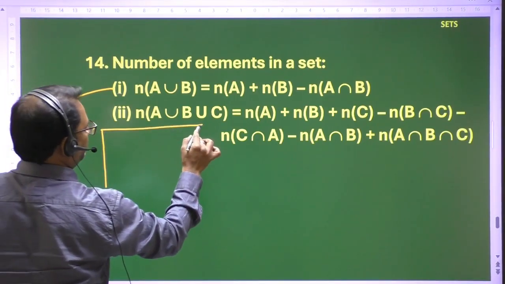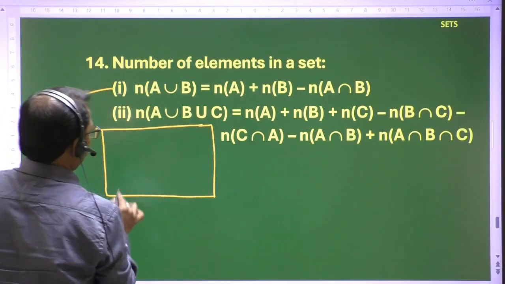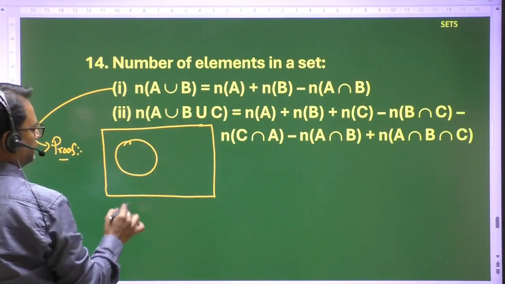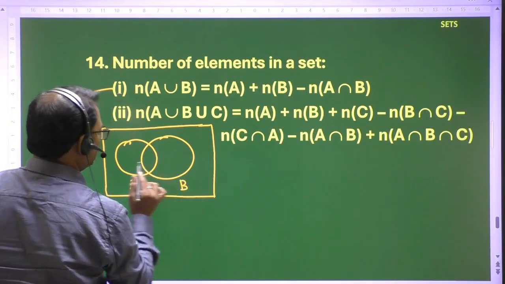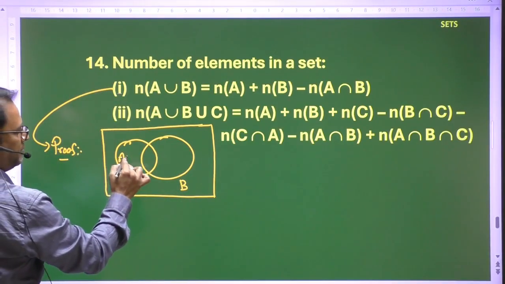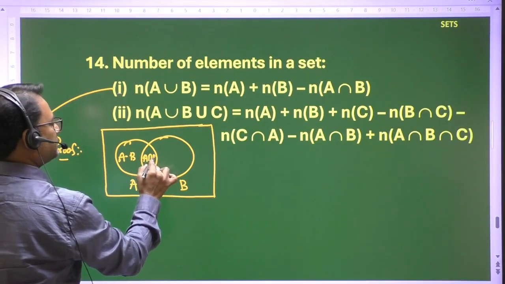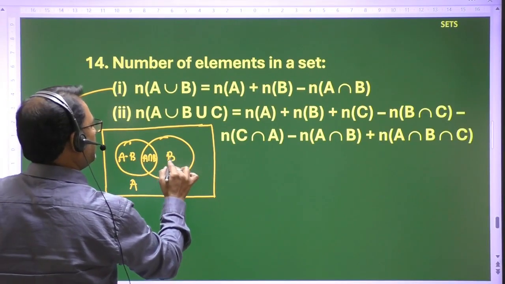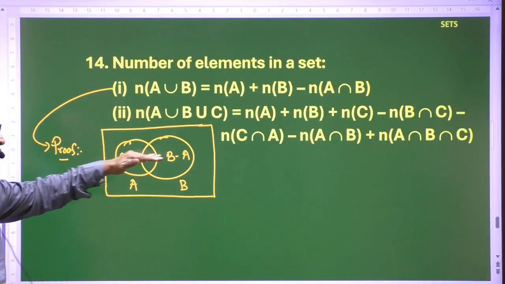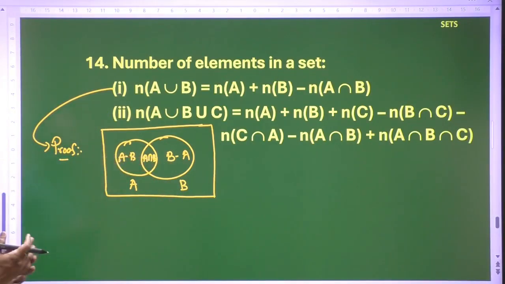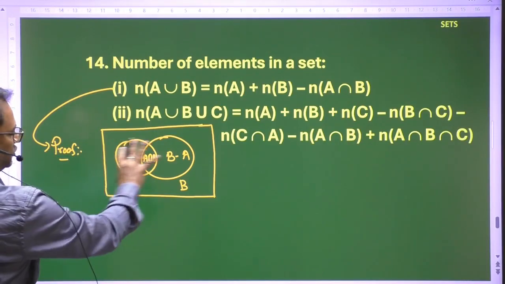With the help of a Venn diagram, you can prove it. Suppose this is a set A, this is a set B. This portion is A minus B, this portion is A intersection B, and this portion is B minus A. You notice that these three are disjoint sets, that means there is no common element among the three sets.